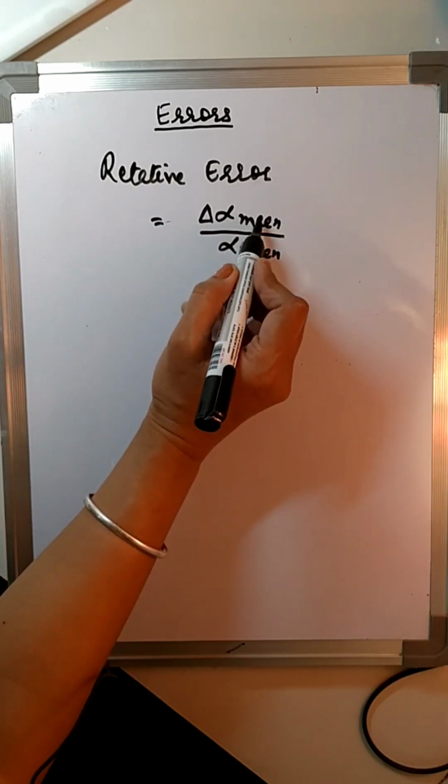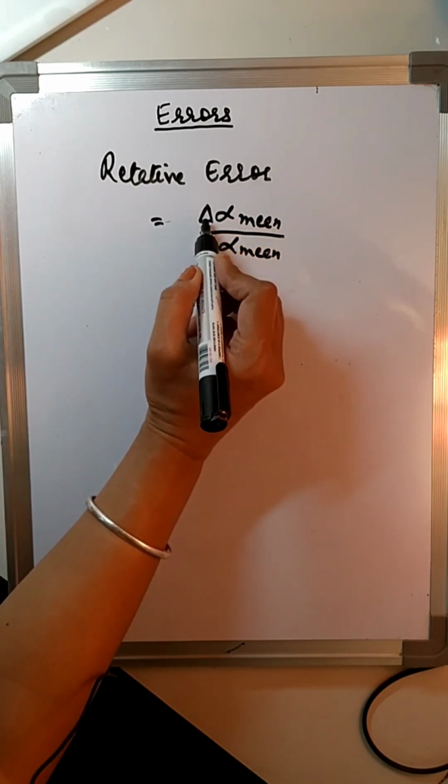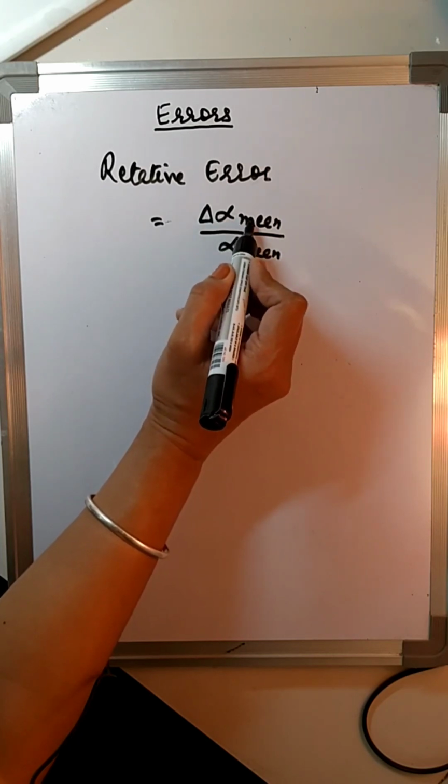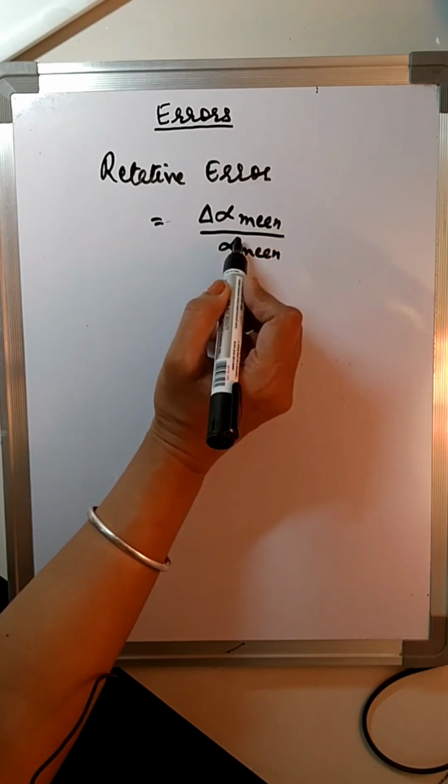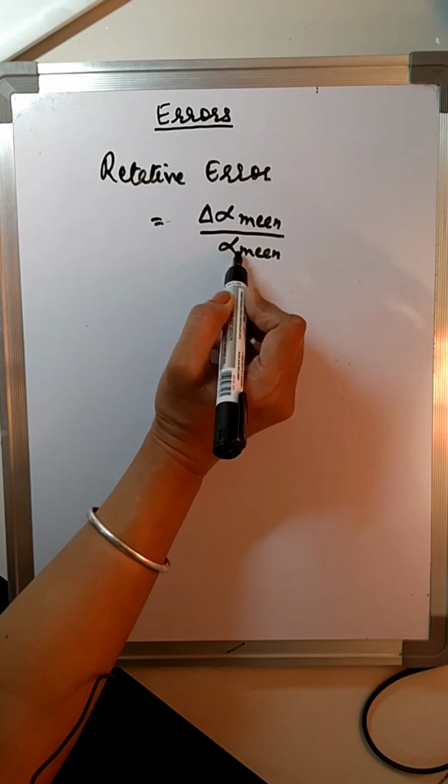Delta alpha mean is the mean value of the absolute errors, divided by the mean value of all the readings.